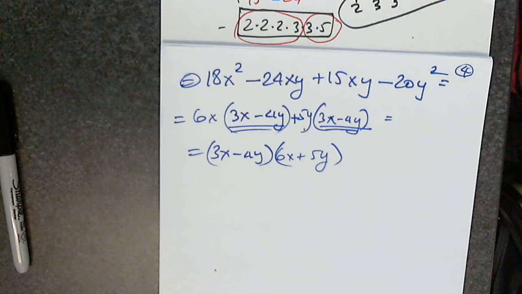For a binomial we have 4 special products: the sum of squares, the difference of squares, the sum of cubes and the difference of cubes. For a trinomial we only have 2 special products: a binomial squared which is a difference, and a binomial squared which is a sum.